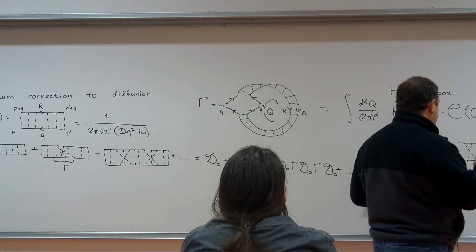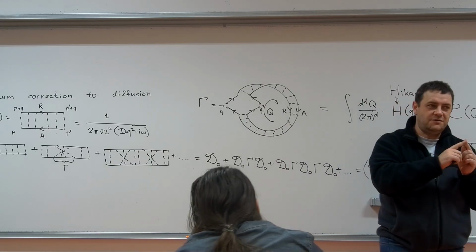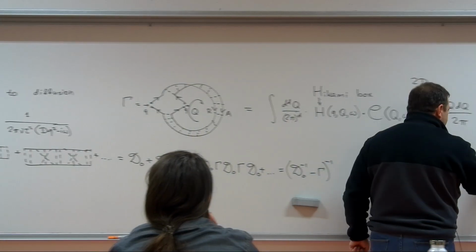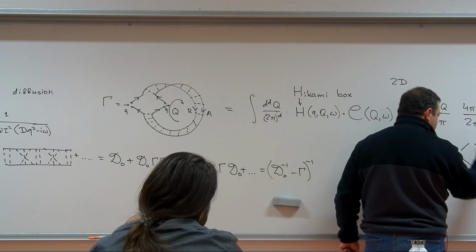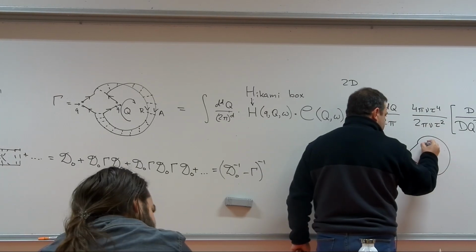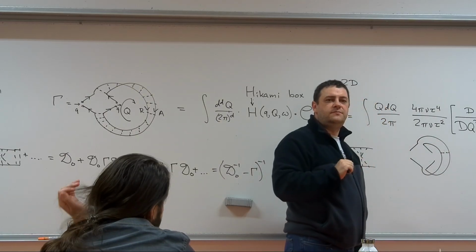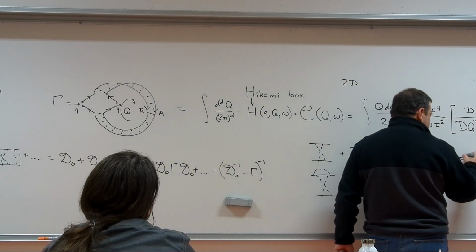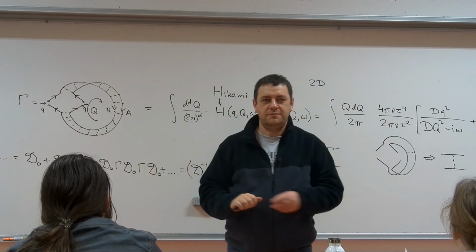Couperon dashed lines connect retarded to advanced. It will look like the line we drew before in diffusion. This is gamma, these 4 lines. Then I have my Couperon, which is this thing. And then I have a single dashed line. So if I unfold this ribbon back, it's the same as just doing this thing.